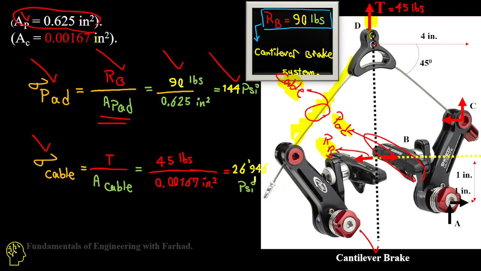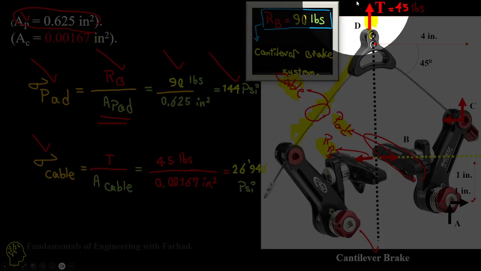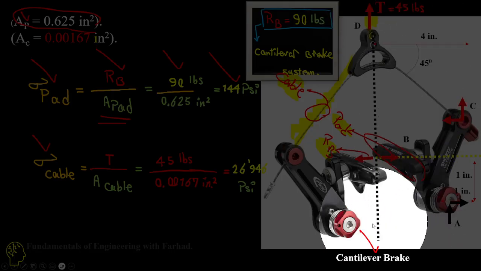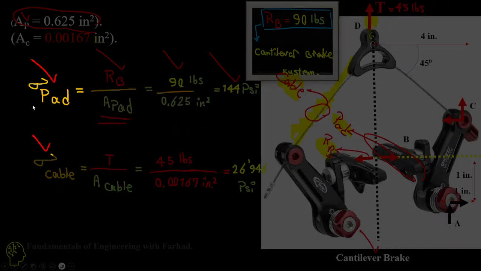It gives us almost 27,000 pounds per square inch for the cantilever system. And this is the cantilever system for both cable and pad.